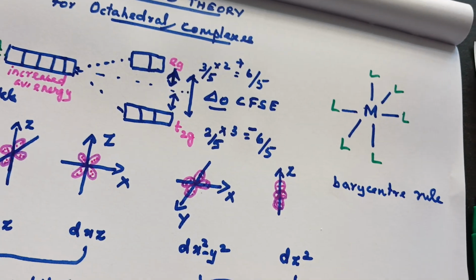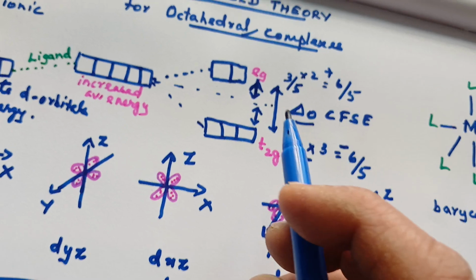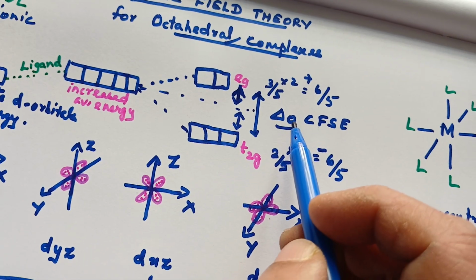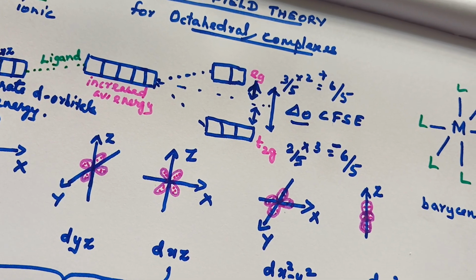Then we can see that this crystal field splitting energy, delta O, depends upon the following factors.